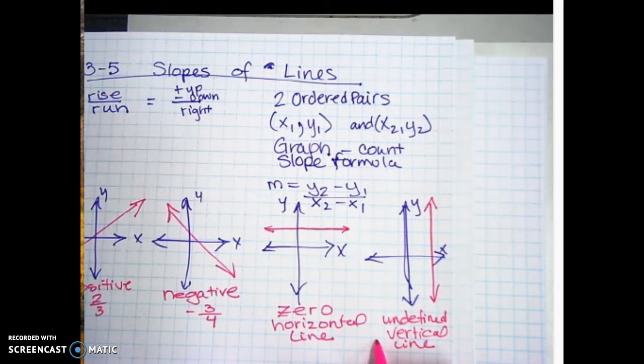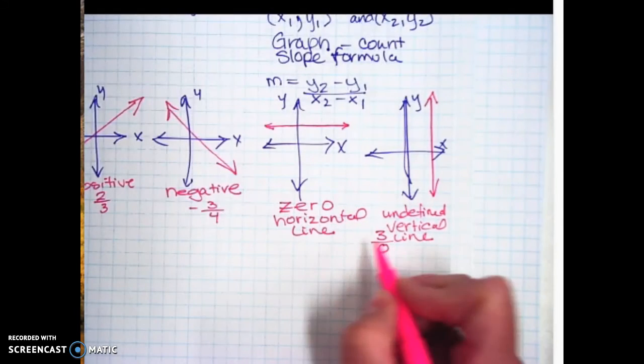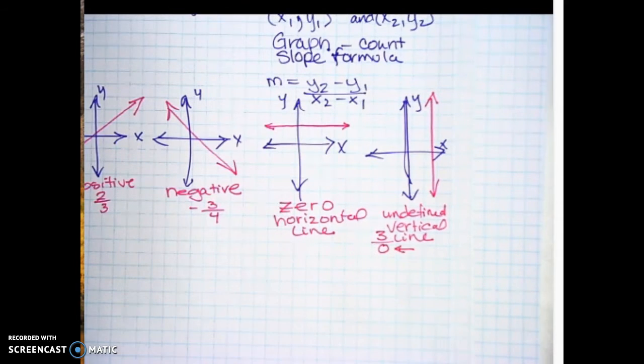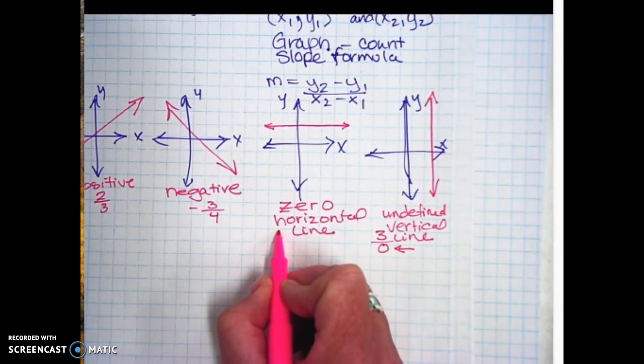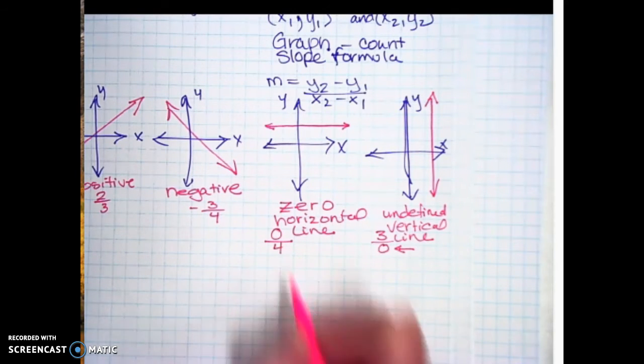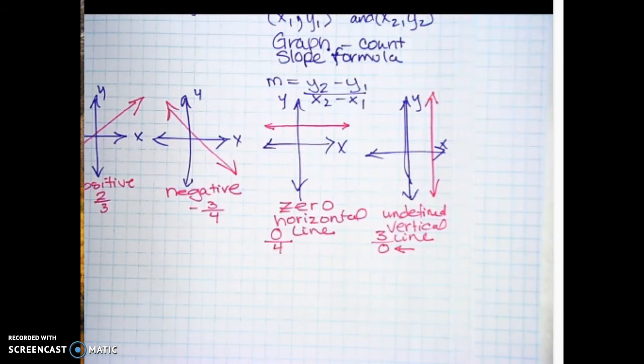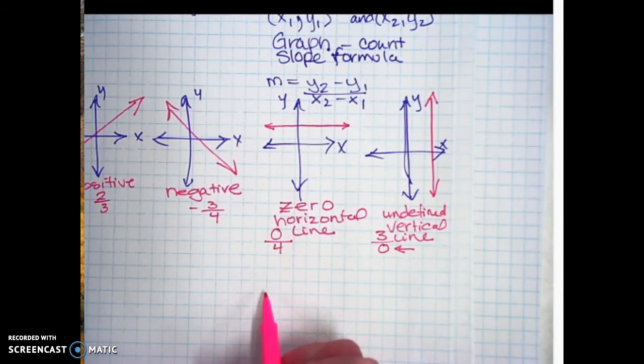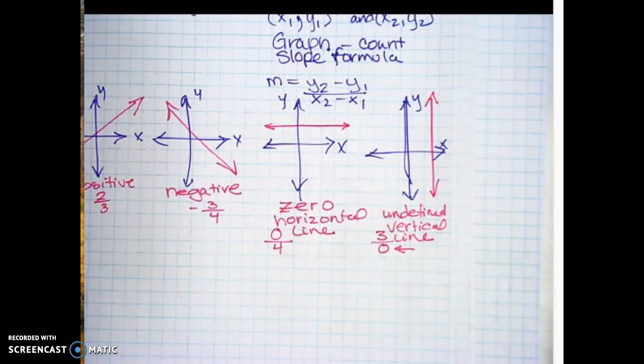So if you end up with something like 3 over 0, that's going to be undefined. That 0 in the denominator makes it undefined. Versus this one, you would end up with 0 in the numerator, like 0/4. Okay? That means you don't go any up or down, and you would go over 4. And you would end up with this horizontal line.